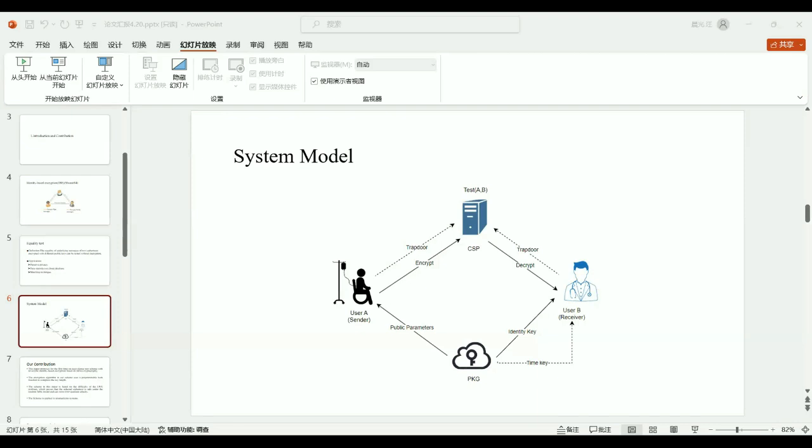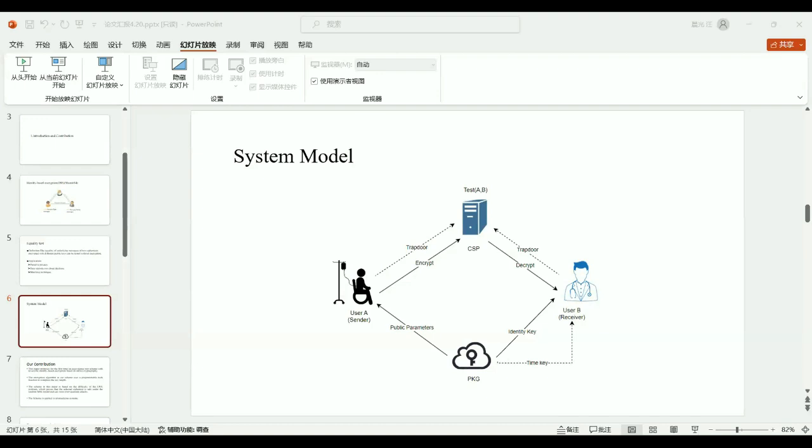Then the encrypt and decrypt algorithms implement encryption and decryption of plaintext respectively. The TD algorithm generates trapdoors for equality test. The test algorithm is used to output the result of the equality test. The update algorithm implements the update of the revocation list.